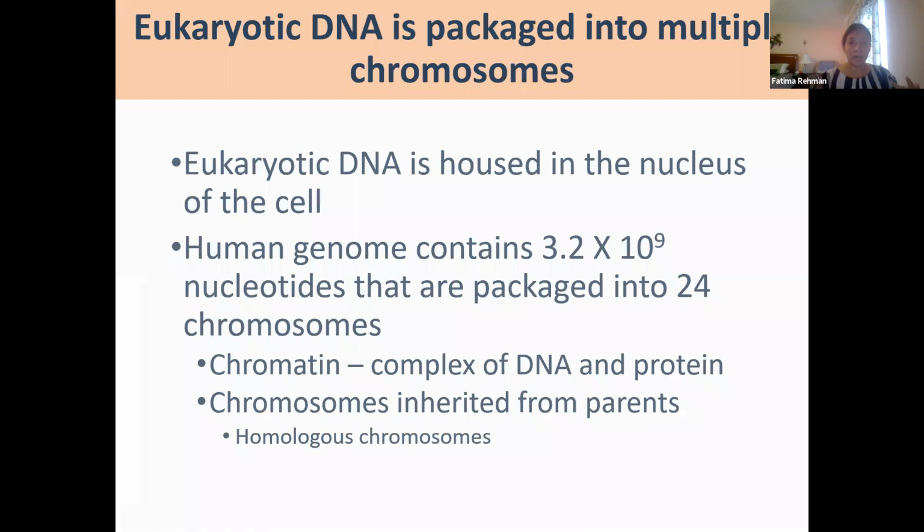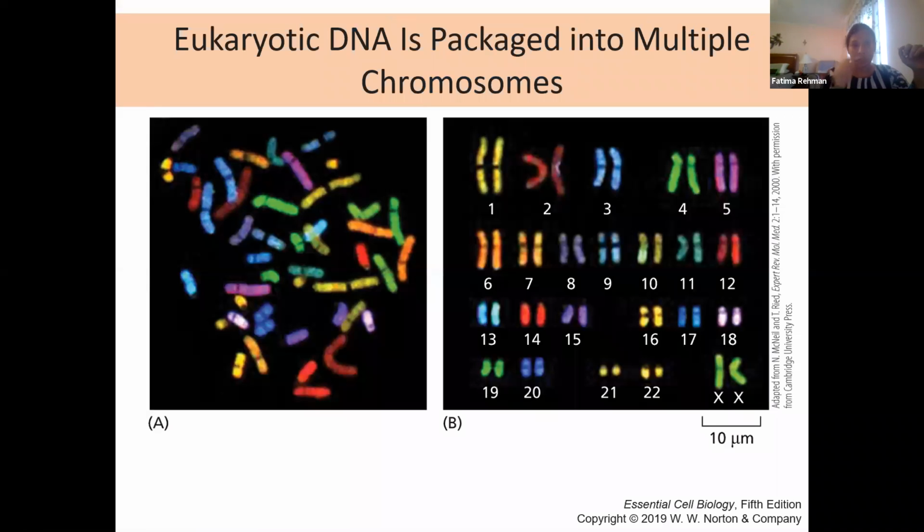So this eukaryotic DNA is housed in the nucleus in the form of multiple chromosomes. Our genome contains a lot of nucleotides, 3.2 billion nucleotides, and they are packaged into 24 chromosomes. Now these chromosomes, you don't always see them like this inside a cell, right? To get this picture to happen, you actually have to catch the cell in mitosis when these chromosomes are visible.